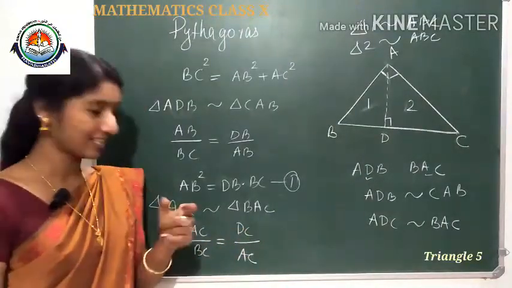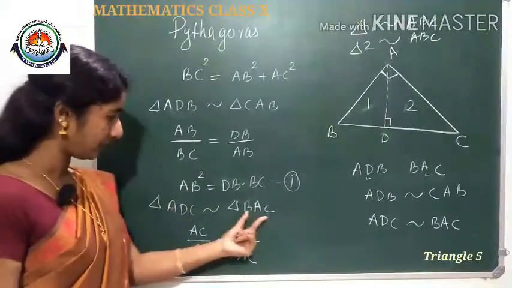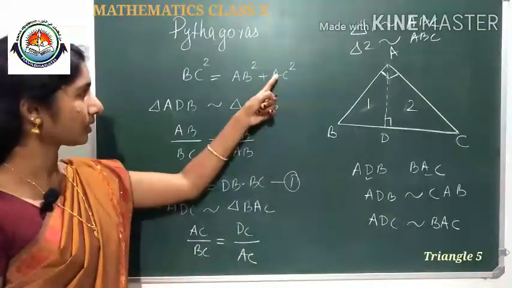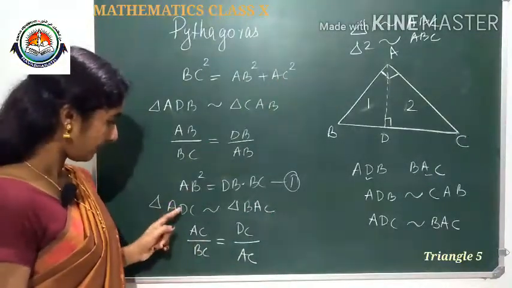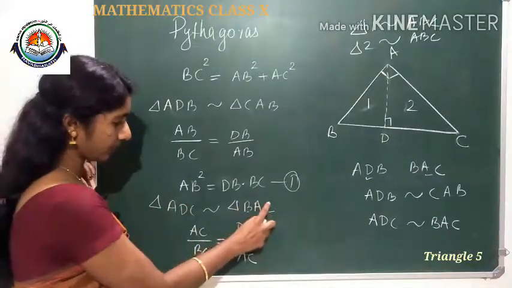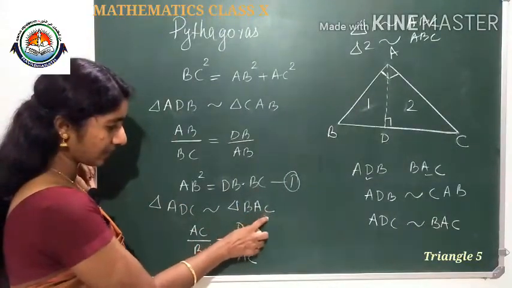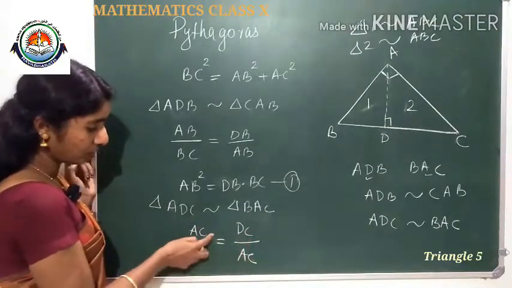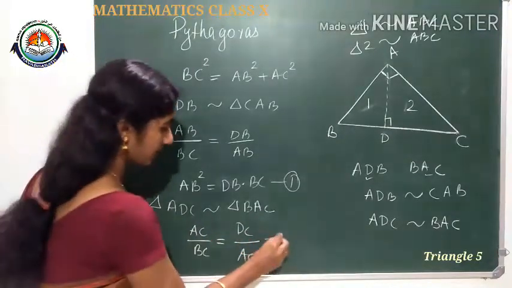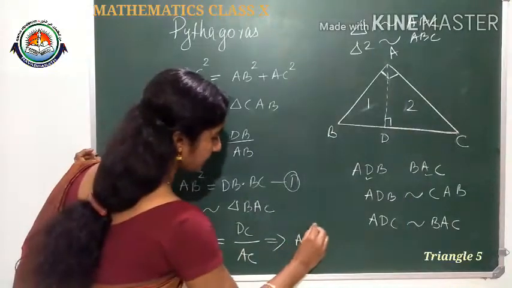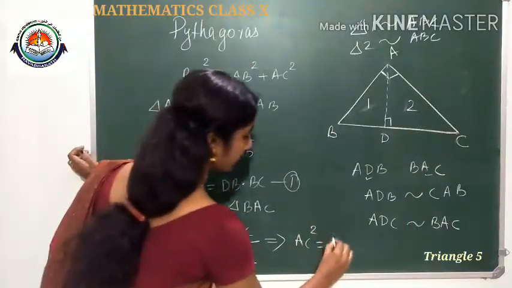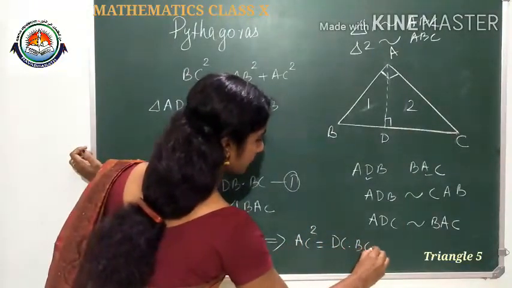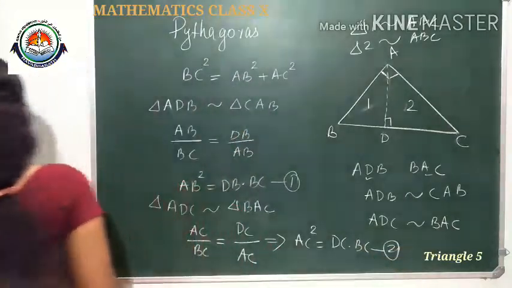What I checked actually, I wrote AC by BC, we need to get AC square, that's why I took AC here and BC. So to get this AC, we can write DC by AC. Then do cross multiplication, which gives us AC square is equal to DC into BC, equation number 2.